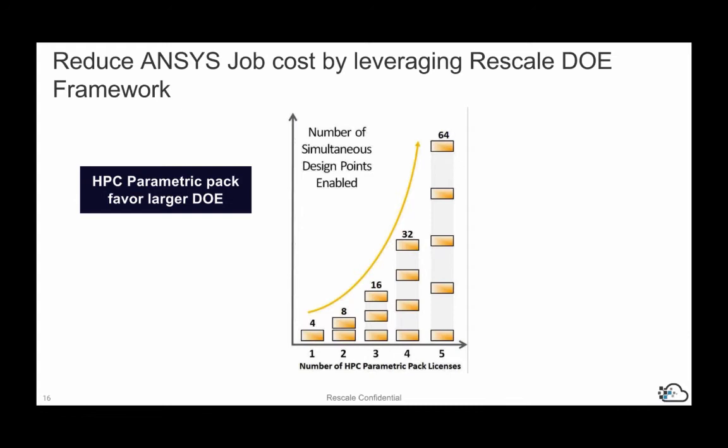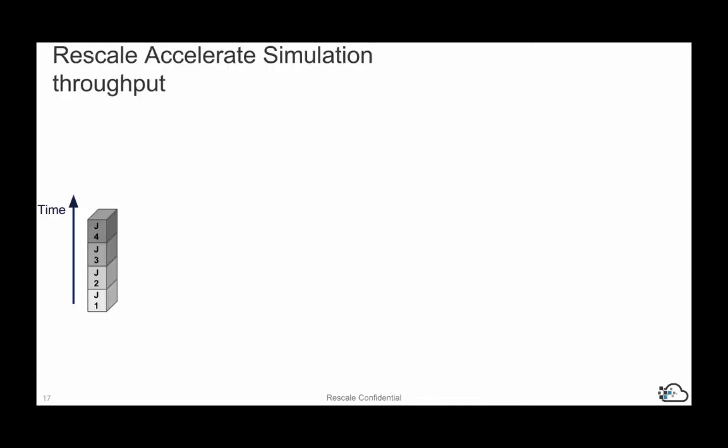As you can see here on the graph, the more design points you're going to explore, the cheaper your HPC Parametric Pack is going to cost per run. So what is the advantage of using the Rescale DOE framework?